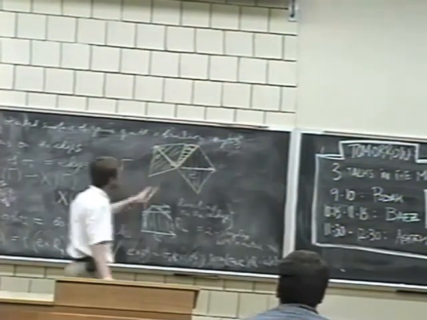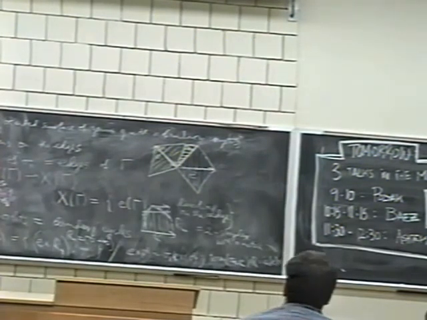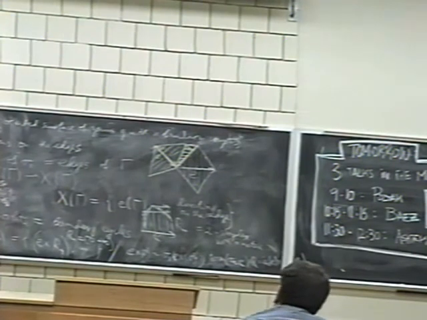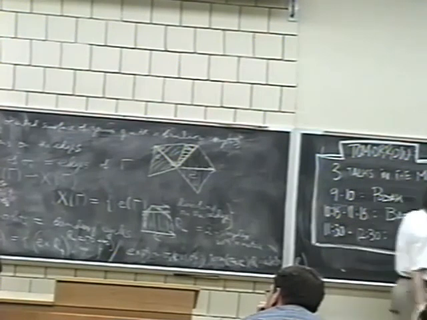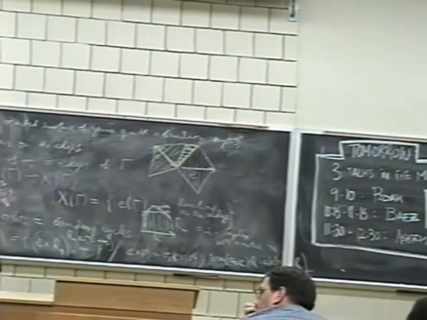You don't get a Riemannian metric at these vertices, of course. You get a metric in which those vertices will be infinitely far away.